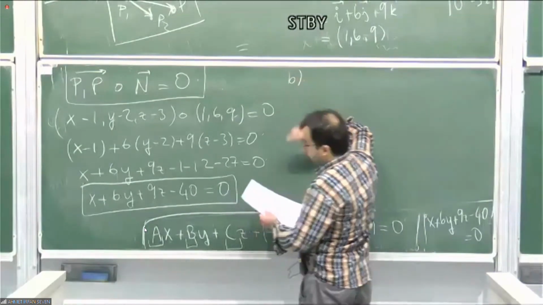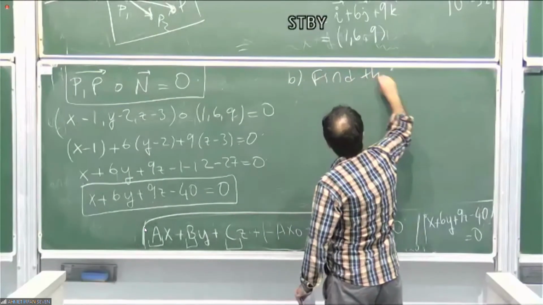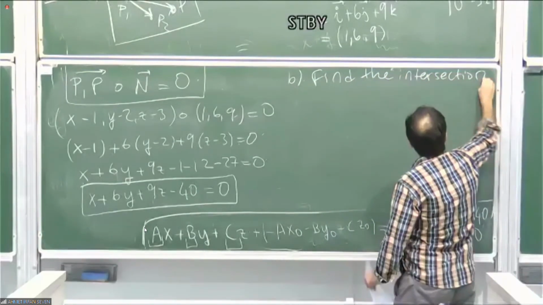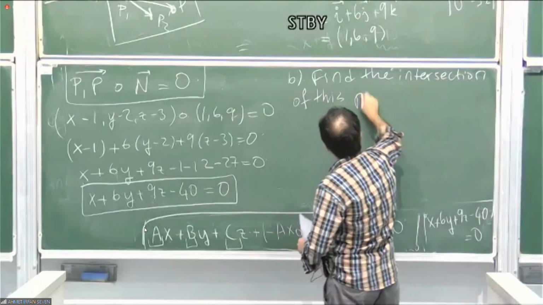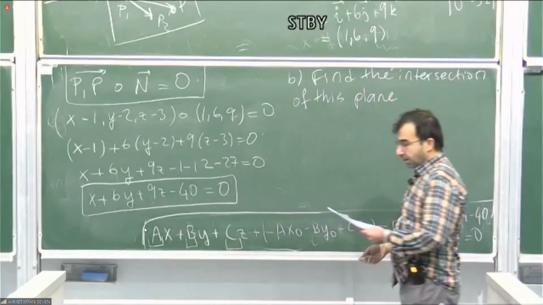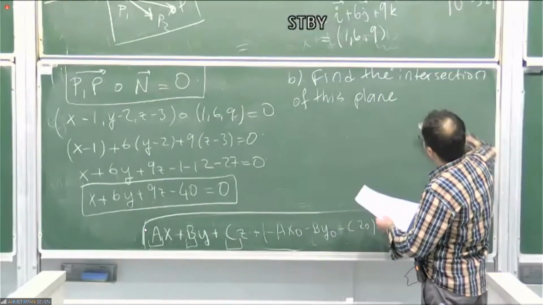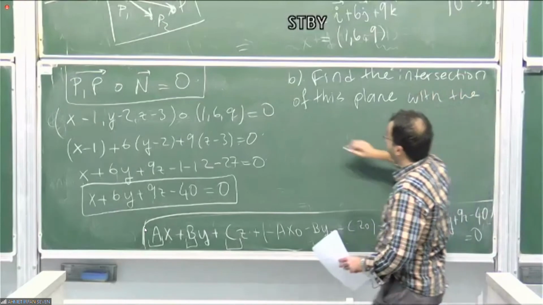So part B: find the intersection of this plane with the xy plane, the coordinate plane.